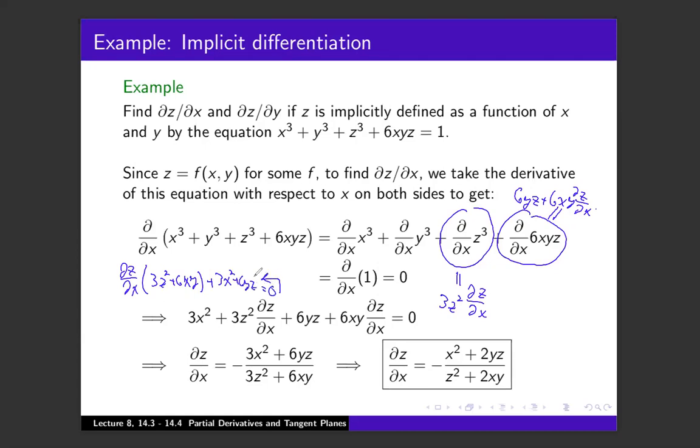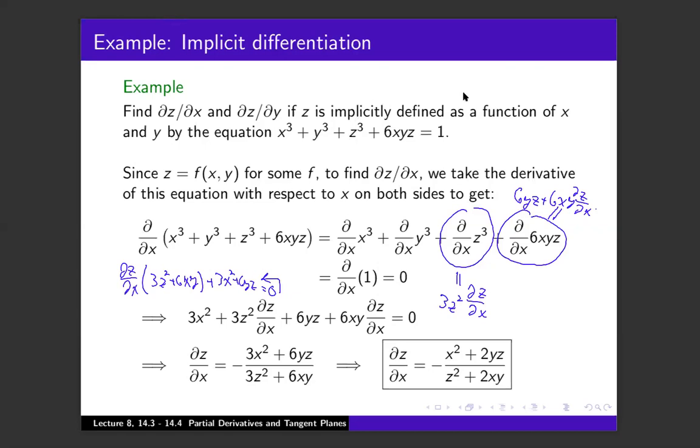That whole thing equals 0. So now it's just algebra. And after the algebra, you get an explicit formula for del z del x. You divide by 3 and simplify, and you finally end up getting del z del x is negative x squared plus 2yz over z squared plus 2xy. So that's the derivative with respect to x.